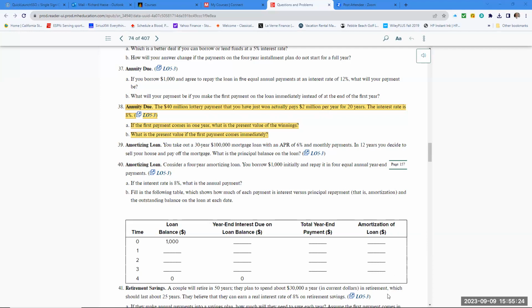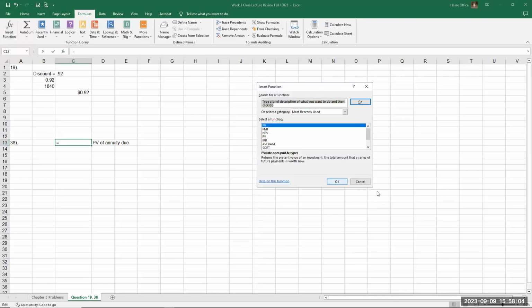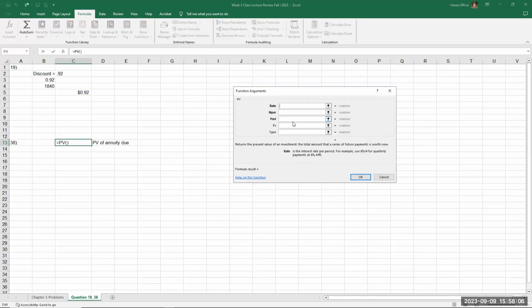Let's see what that looks like using our spreadsheet. I take that calculation, present value, and type in my discount rate given as 8%, over 20 periods, and I'm giving up the $2 million a year for 20 years.